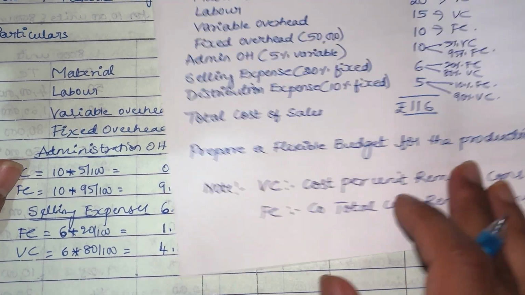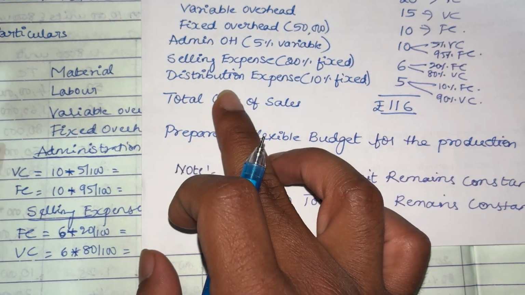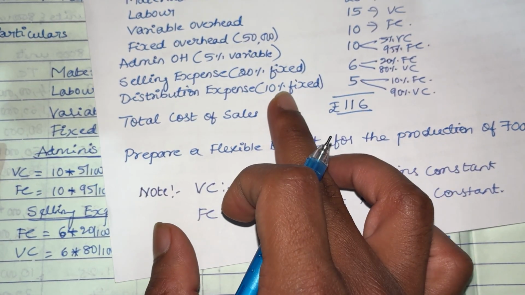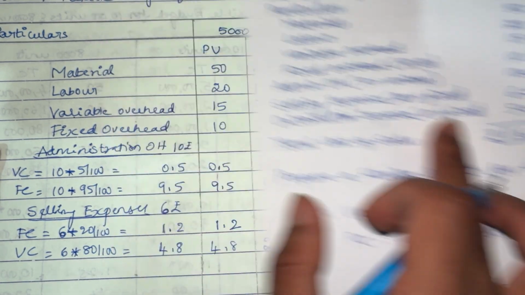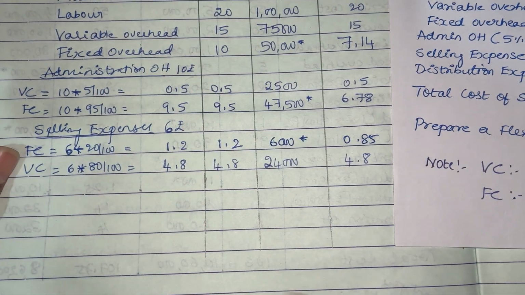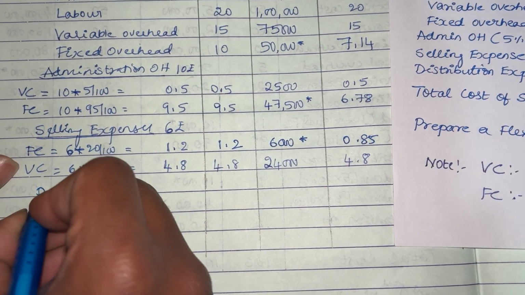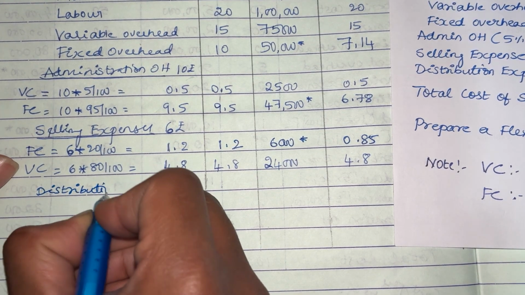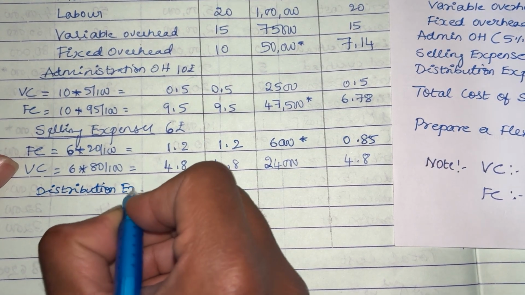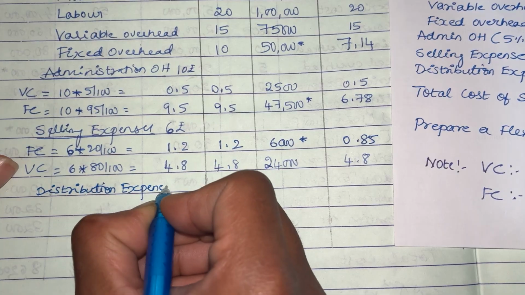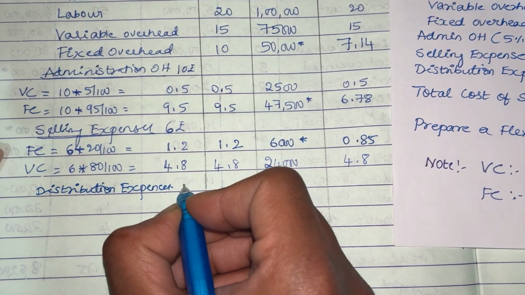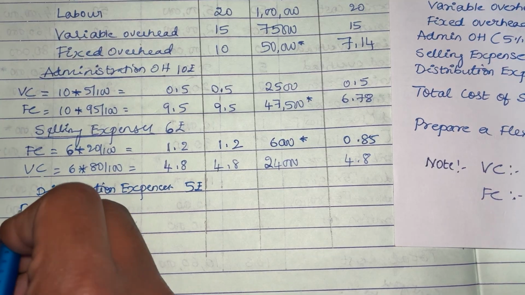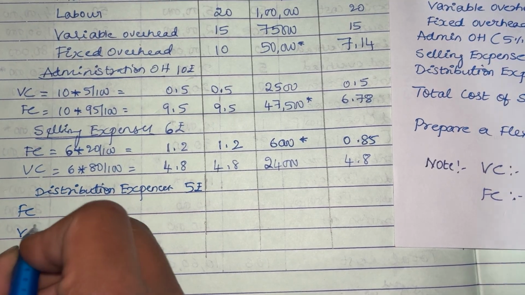0.85. Now next what we have is distribution expenses. 5 rupees is the total cost, 10% is fixed, meaning the other 90% will be variable. So I will write this now. Distribution expenses, what was the total cost? 5 rupees. Now out of this I will segregate it into fixed cost and variable cost.